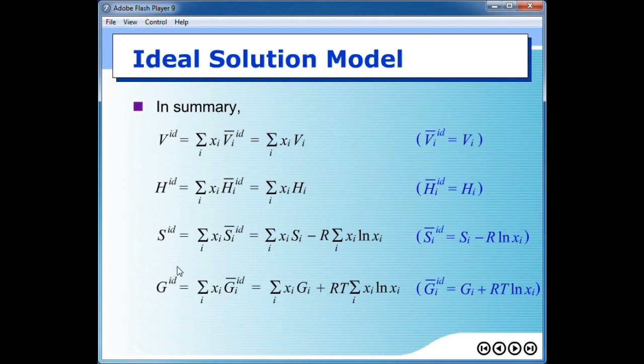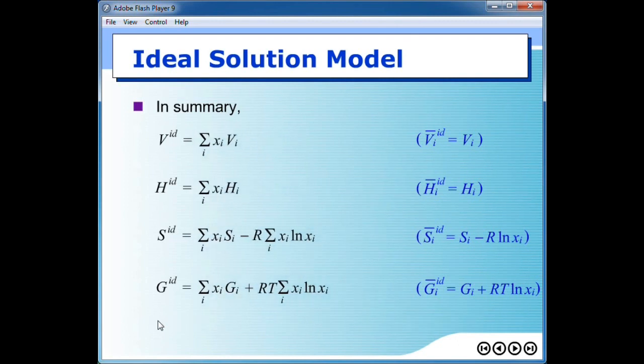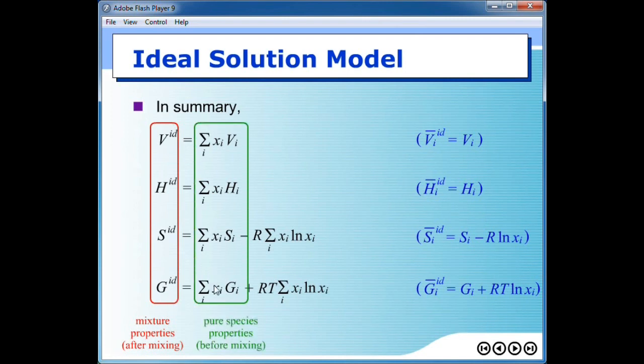Now we are going to rearrange the equation a bit so that this part will be considered mixture properties, or the properties of the system after you mix the pure species together. This is the mixture properties. On the other hand, all of these parts are pure species properties before mixing.